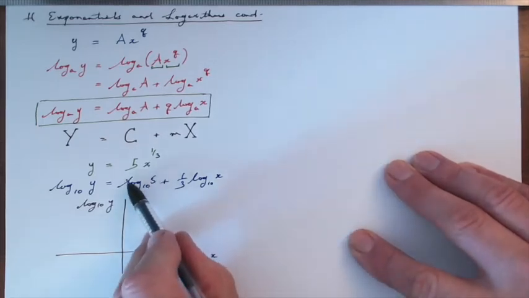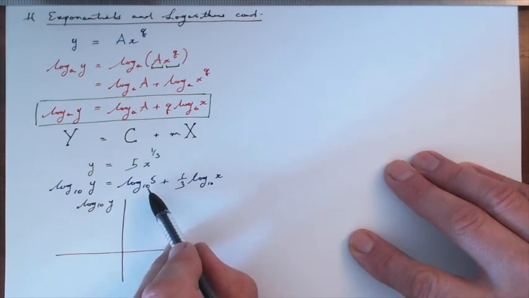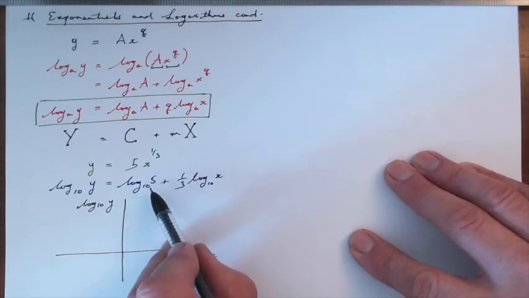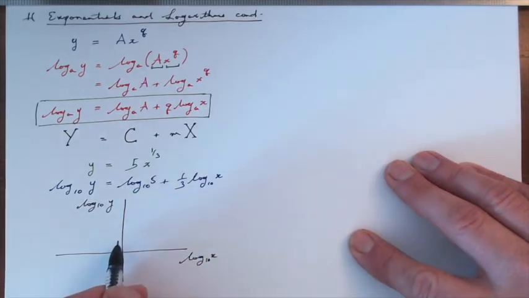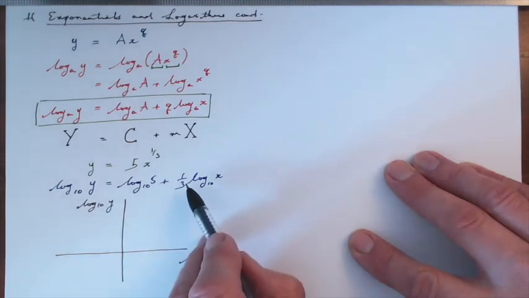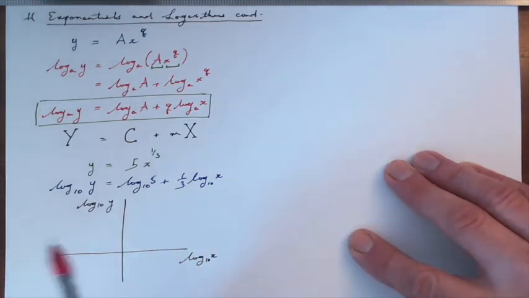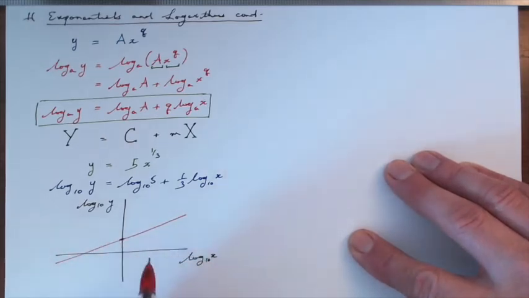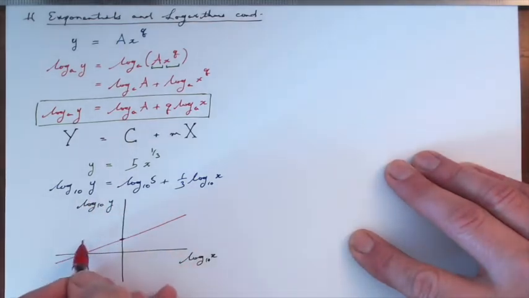I know this number is between 0 and 1, because I know that log to the base 10 of 1 is 0, log to the base 10 of 10 is 1, so this number will lie between 0 and 1, and I have a straight line which has a slope of 1/3. So this will be a relatively shallow straight line, and it will cut through the y-axis at a value log to the base 10 of 5.